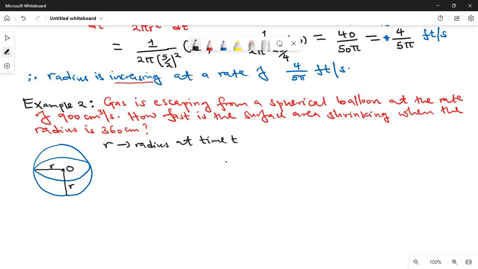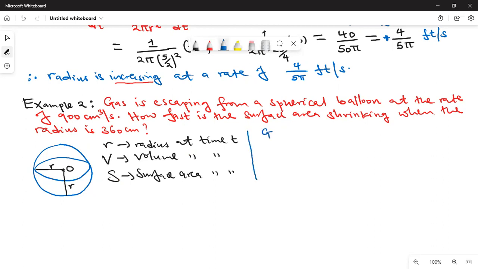You see the radius is decreasing. Also V to mean volume at time t, S to mean surface area at time t.